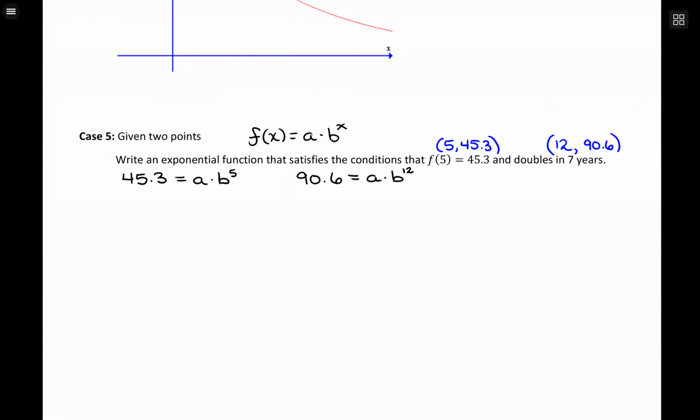What I'm going to do is take these equations and stack them on top of each other. So one's going to go on top and one's going to go below. A little trick is, things become a lot easier if you put the higher exponent for b on top. What I mean by that is, in this case, comparing the 5 and the 12, because that 12 is larger, I'm going to have that be the top equation.